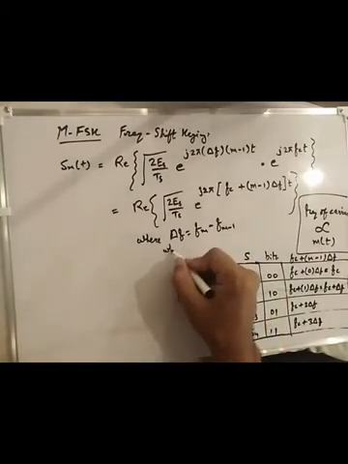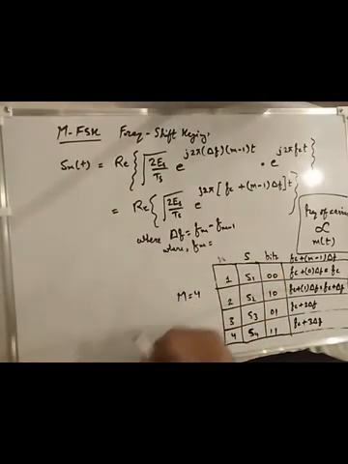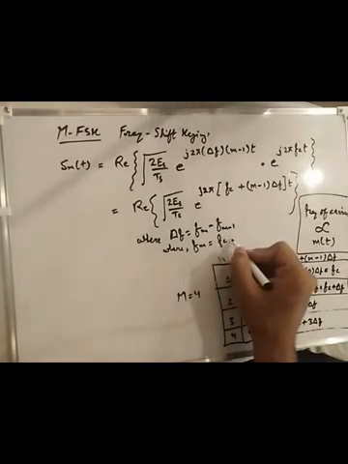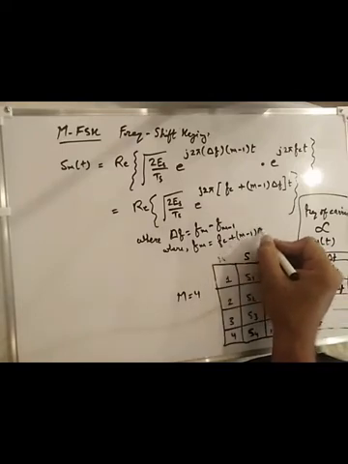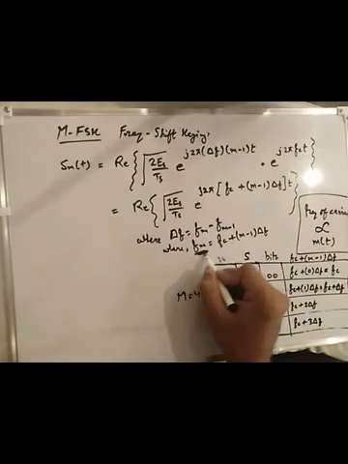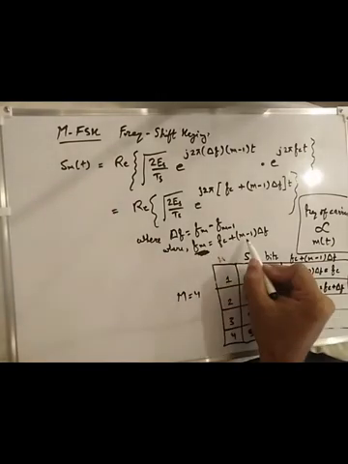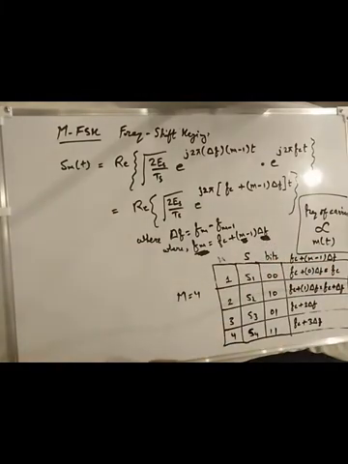Where F subscript M can be written as FC plus (M minus 1) delta F, right? This FM is the carrier frequency, and it depends on the index M and the spacing between two neighbor frequencies, delta F, right?